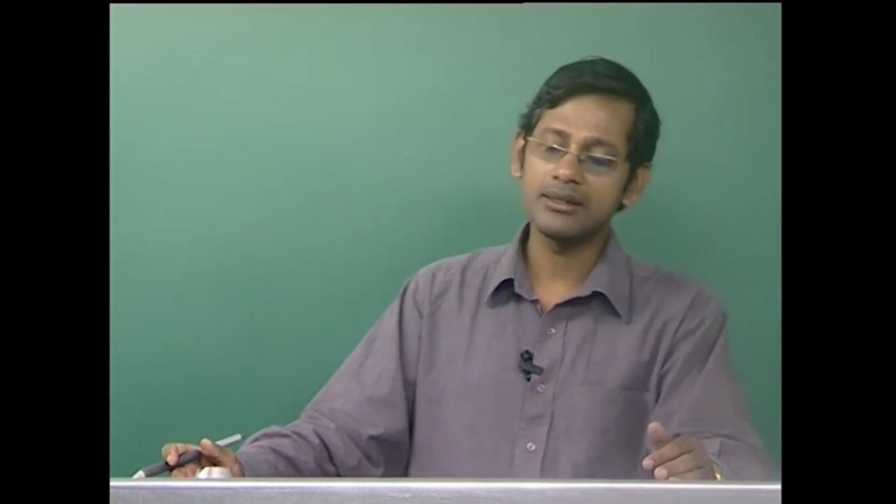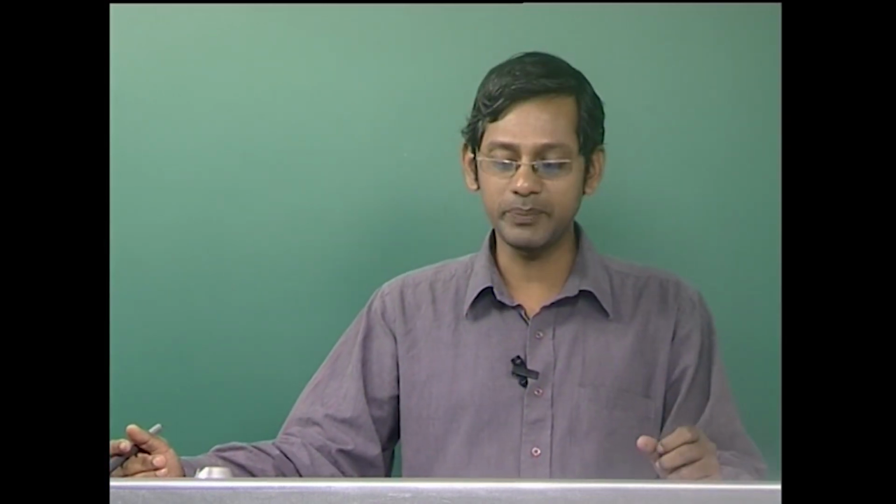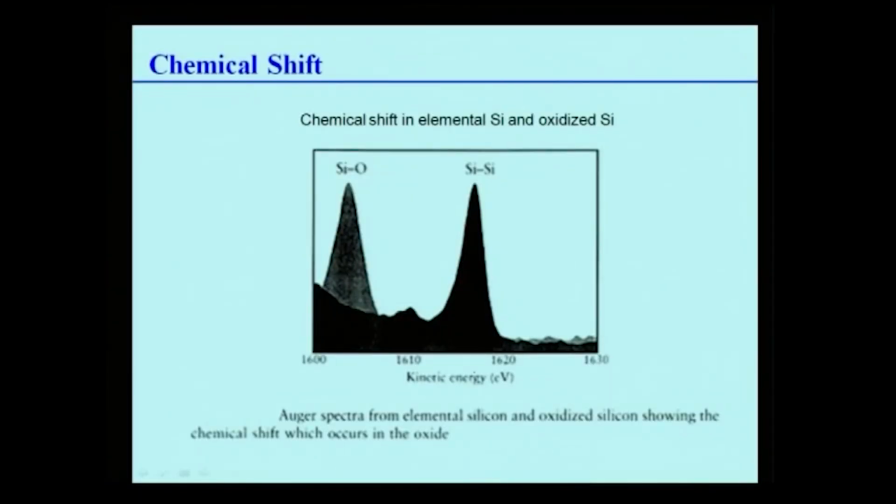Let us consider silicon and oxidized silicon. In silicon you have silicon-silicon bonds, and if I take the Auger spectra, the silicon bond gives us a very characteristic peak at about 1617 to 1618 electron volts.